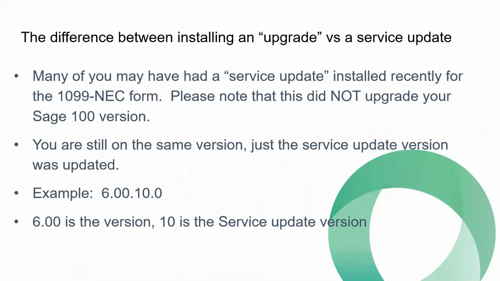Or if there's something new that's required at year end regarding a new 1099 form, something that the government issues related to payroll and your W-2s, then a service update is what is installed. So that's the difference between an upgrade of your Sage 100 and a service update.